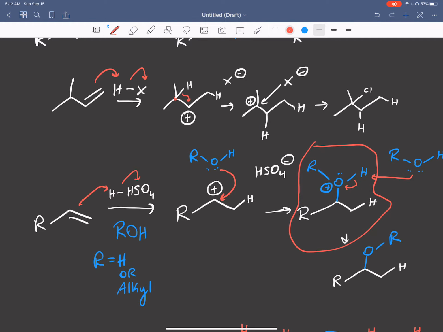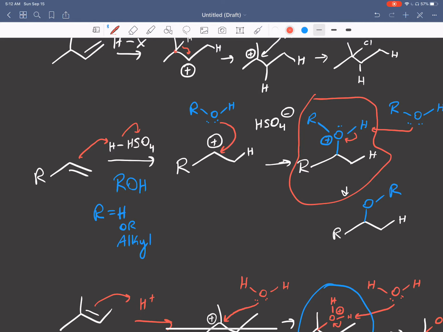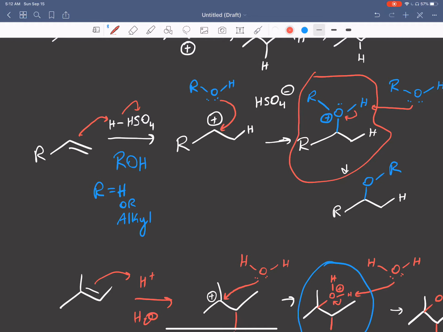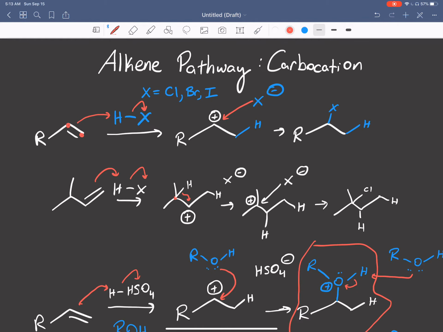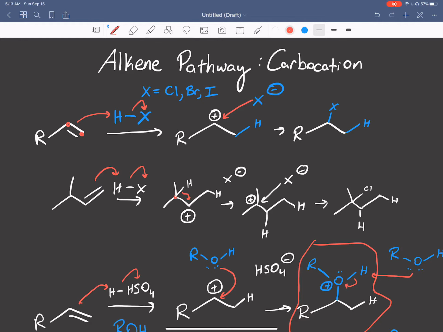And so when I write my index cards, when I did write my index cards, I just wrote ROH, and next to it I wrote R can equal an H or an alkyl group. And so with this simplification, we turned two reactions into one reaction. And up here, we turned three hydrogen halide addition reactions into just one reaction.